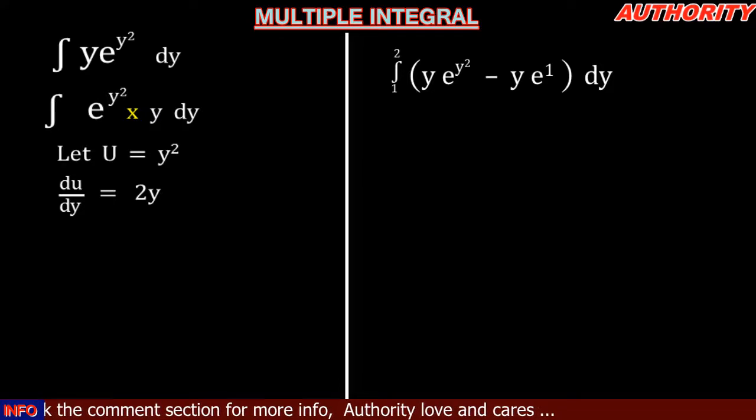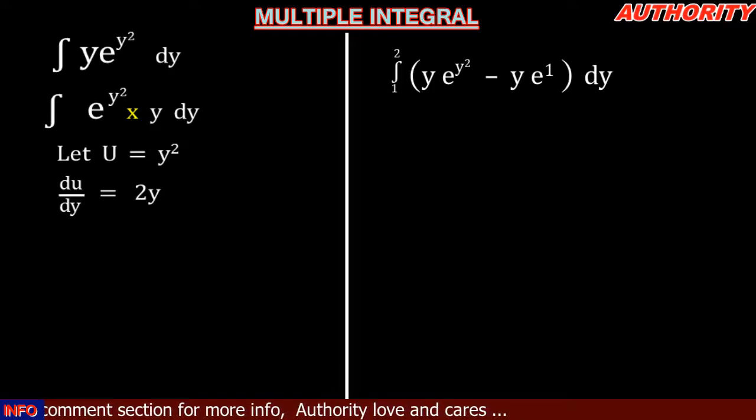Now, you remember in this place we say the integral of e raised to power y squared y dy. We're going to make y dy the subject. In this place where we have du all over dy is equal to 2y, we're going to make y dy the subject. First of all, let's cross multiply. When we cross multiply, we're going to see that we have du is equal to 2y dy.